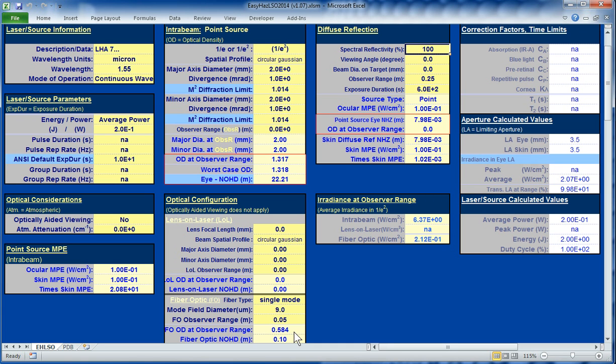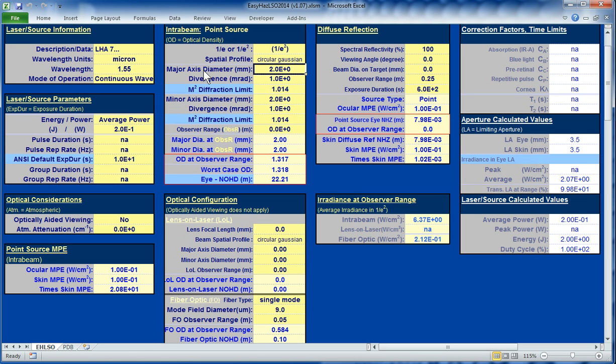Something we want to do, and this is again one of these software checks, is this: if the mode field diameter is very similar to or comparable to the 1 over E squared beam waist, and a single mode fiber outputs a single mode, which makes it very close to a theoretically perfect beam, or an M squared of 1, we should be able to model this in the intrabeam.